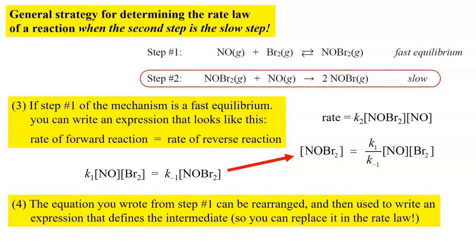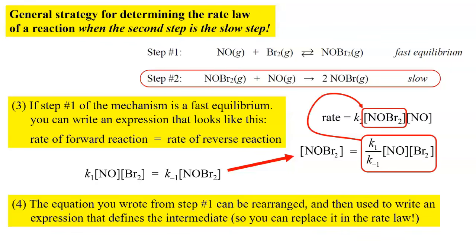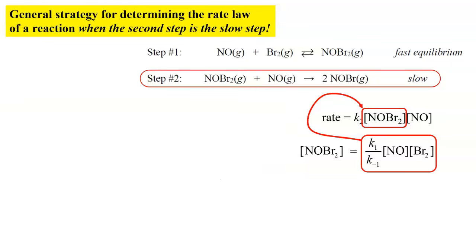So now that I have written an expression that defines the concentration of the intermediate, NOBr2, in terms of the other substances, NO and Br2, I can do that substitution procedure. And once I do that substitution, I now have a rate law that only features the reactants in this equation and does not feature an intermediate.